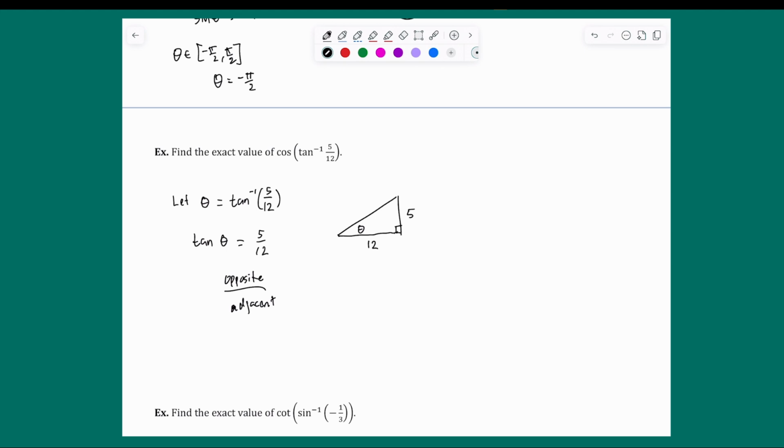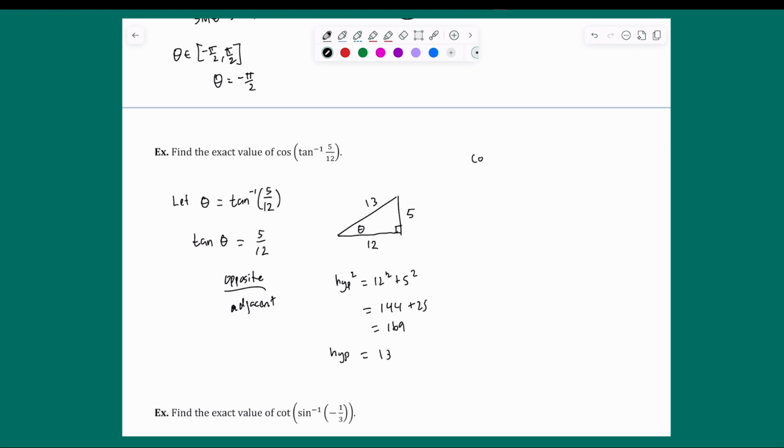And so what is the hypotenuse here? Well, the hypotenuse squared would equal 12 squared plus 5 squared, which gives us 144 plus 25, which is 169. And so that means the hypotenuse would be the square root of 169, which is 13. And so we have this relationship of this triangle.